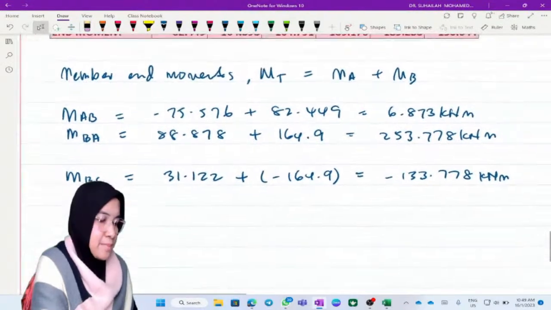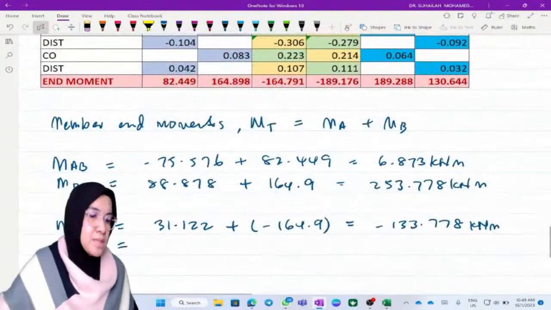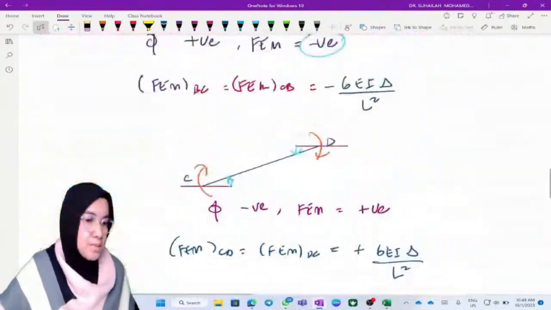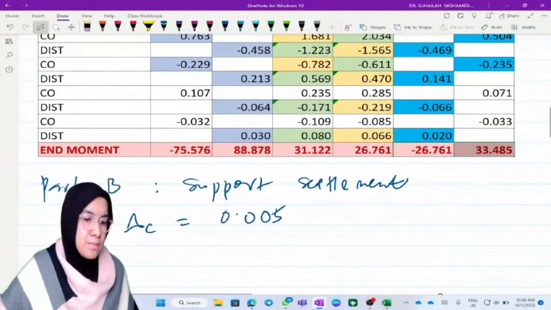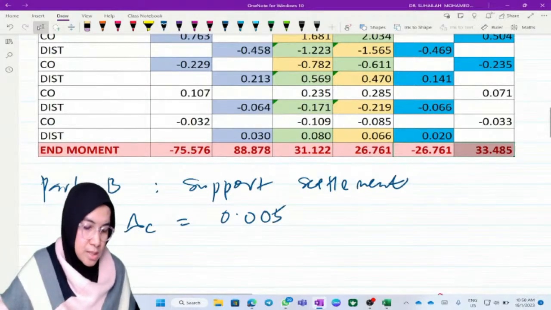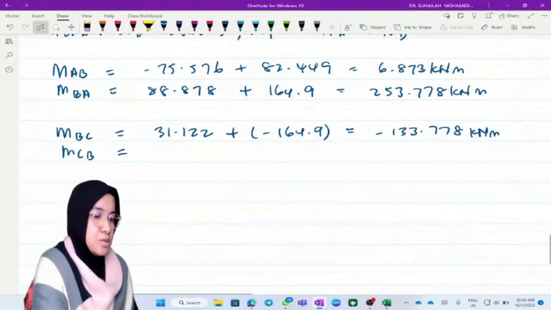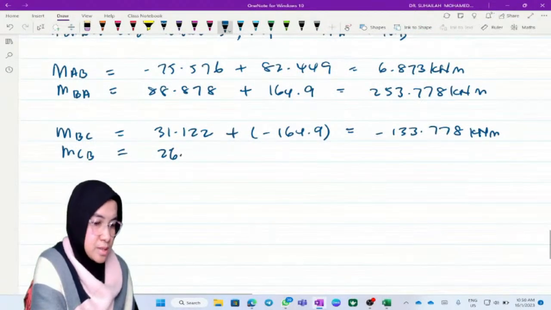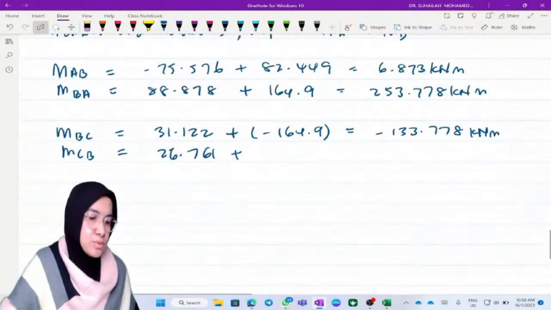Okay, so MCB. Now MCB is 26.761 plus negative 189.2.